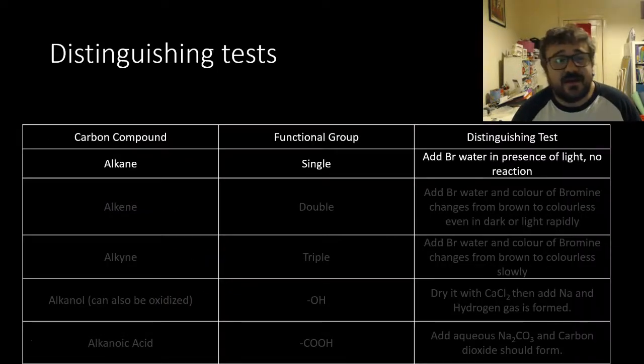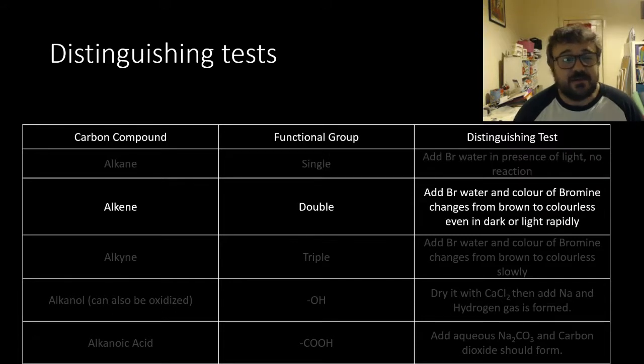So let's have a look at the tests. Now, if we wanted to test for an alkane, we add bromine water to it, and nothing happens. We already know it's an organic compound. There are other ways to tell, the smell, for example. And we add bromine, and nothing happens in the presence of light, or UV light in particular.